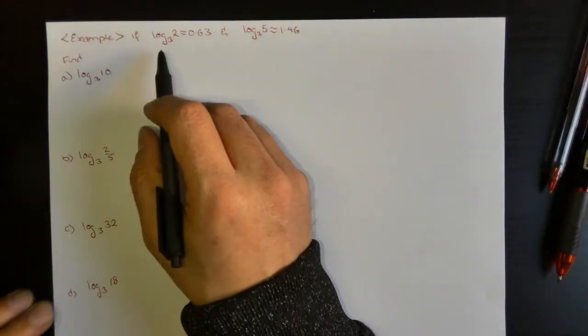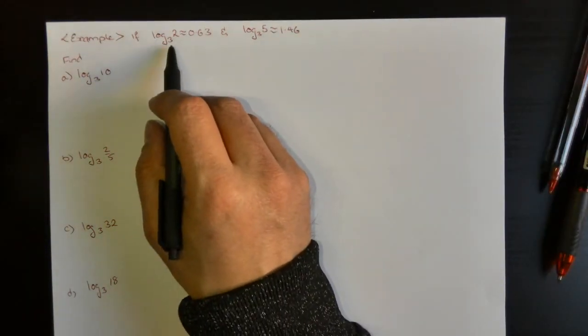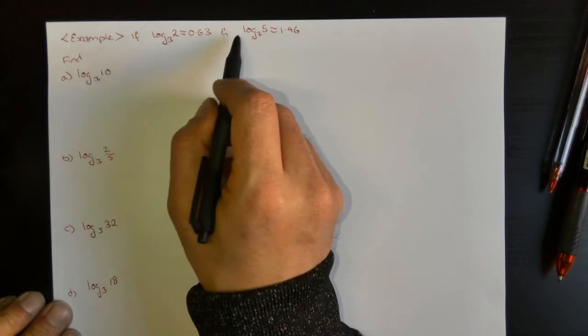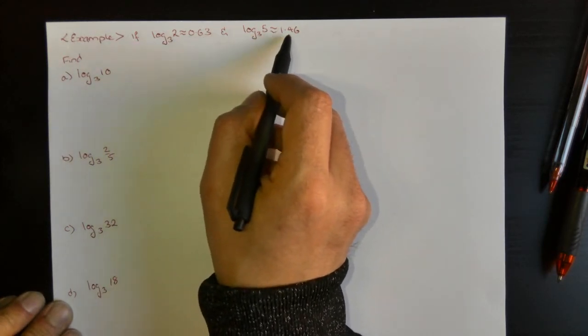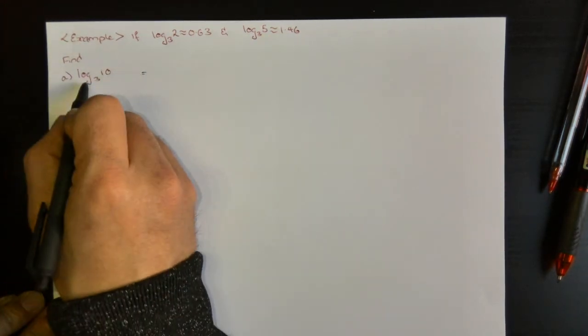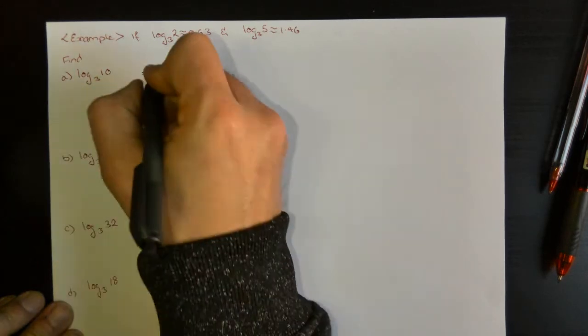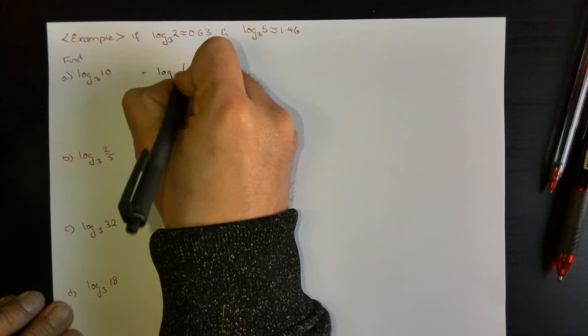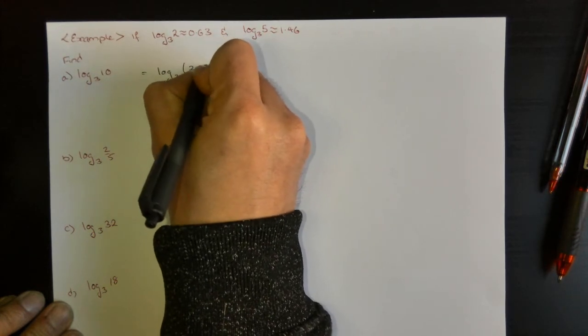Okay, the proofs. Let's do some examples. If we had log 2 base 3 is approximately 0.63 and log 5 base 3 is approximately 1.46, we want to find these solutions. Log base 3 of 10 can be written as log base 3 of 2 times 5.